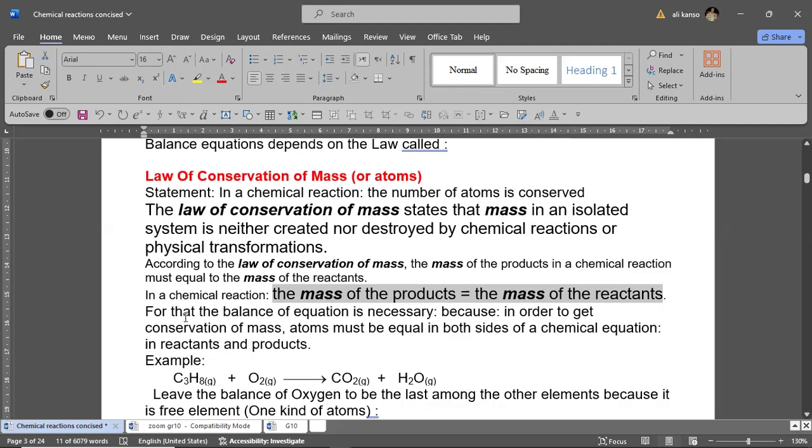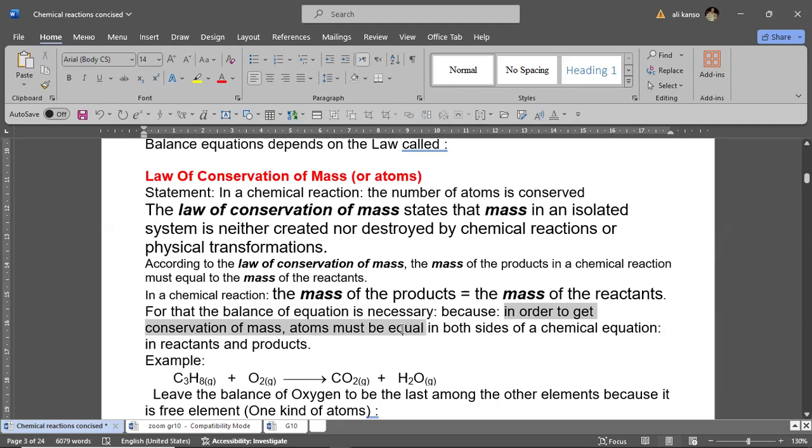For that, we apply the balancing of equations under this subject, because in order to get conservation of mass, the atoms must be equal. Why should the mass be conserved?